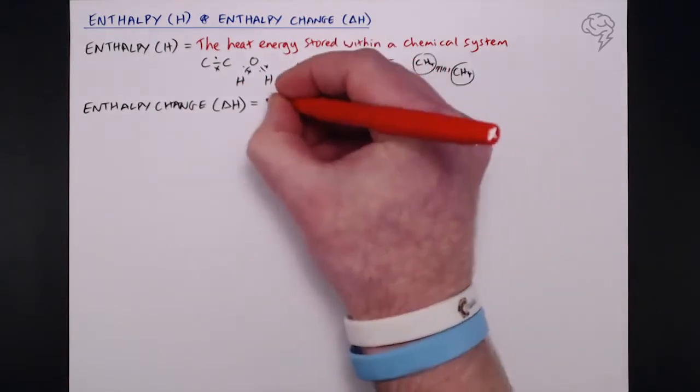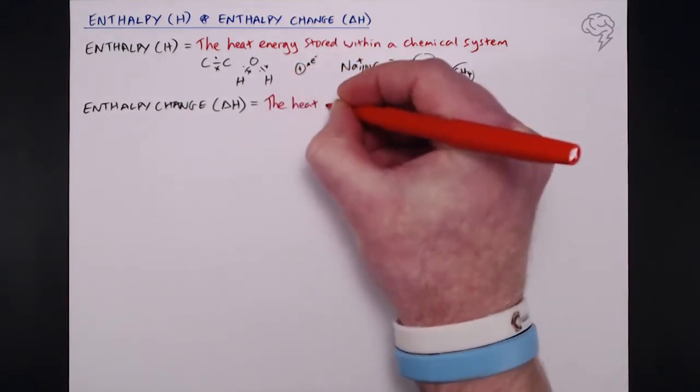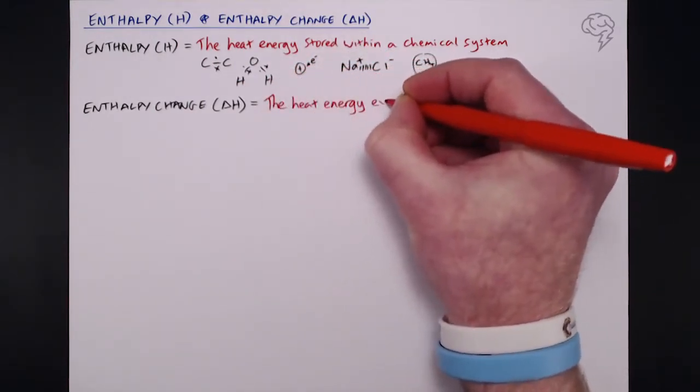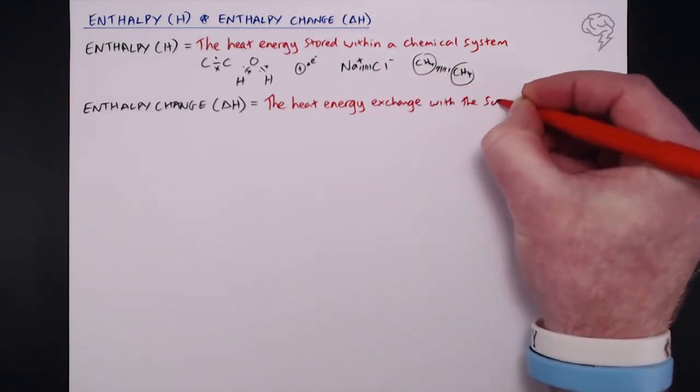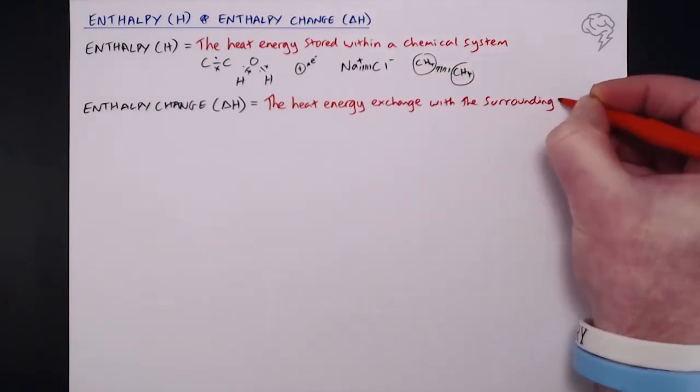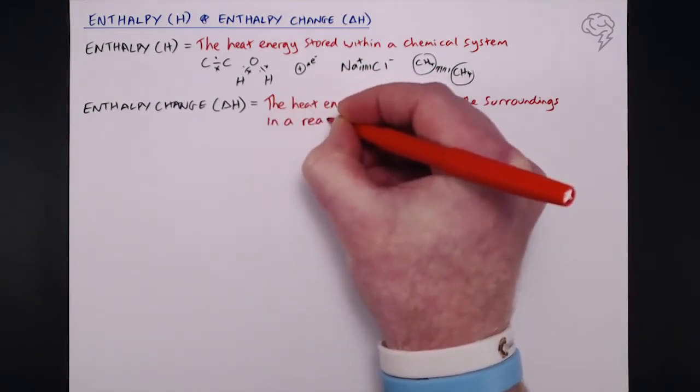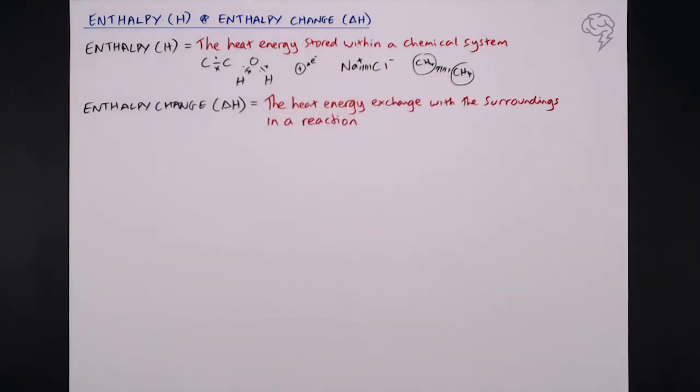So enthalpy change is the heat energy exchange with the surroundings in a reaction. So whilst we can't measure the enthalpy stored within the bonds as a chemical system exists, when a chemical reaction occurs and those chemicals change when you turn your reactants into products, what we can do is measure that change in energy.